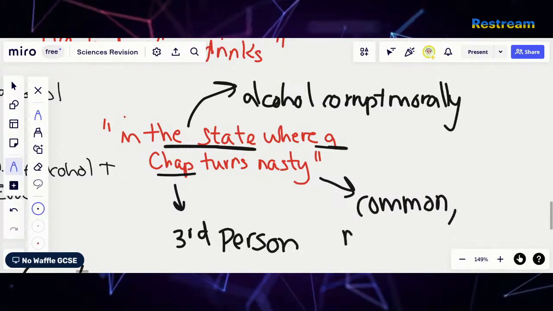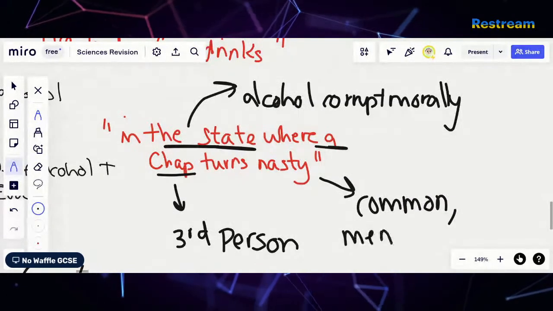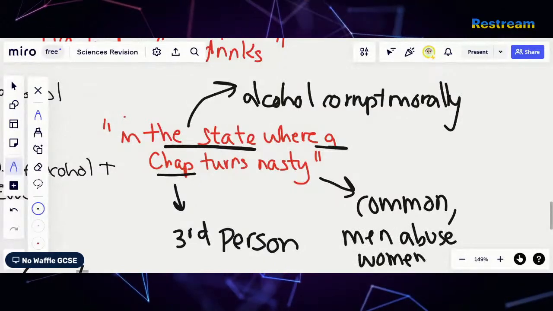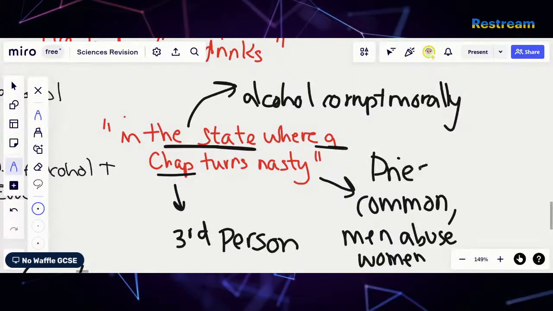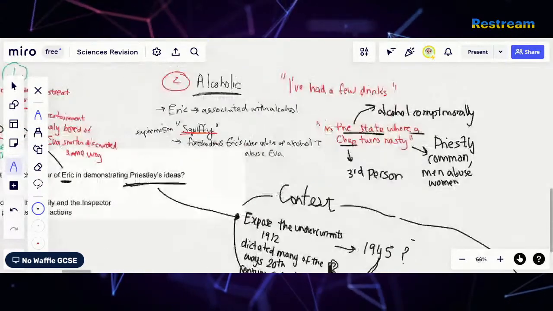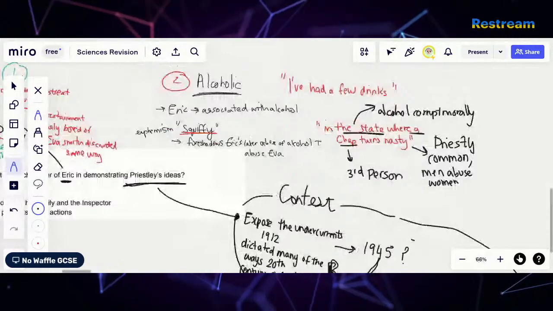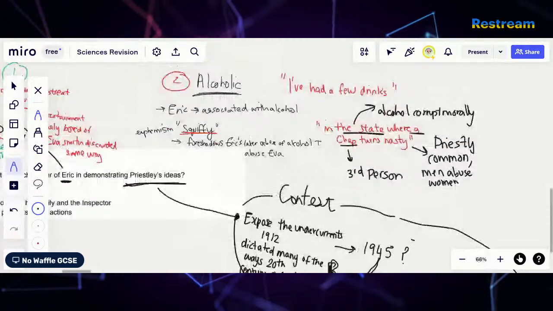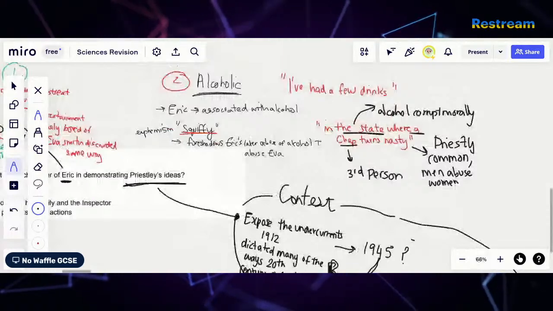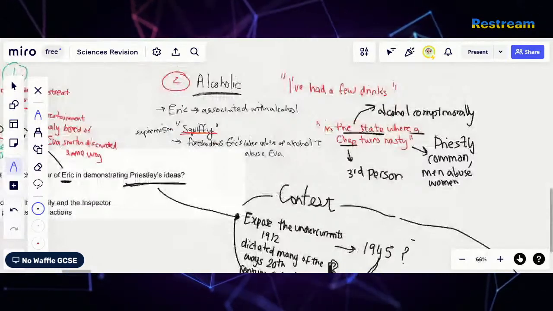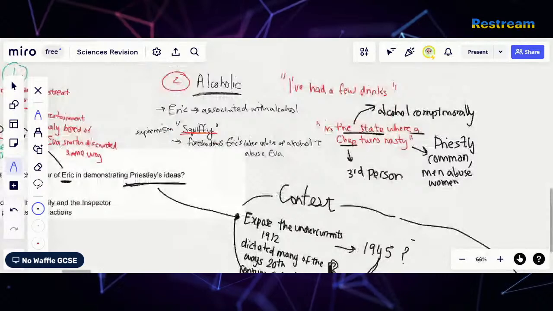And it's common for men to abuse women during the contemporary period. So here we can link this idea back to the question of how it was important in demonstrating Priestley's idea. Abuse women.